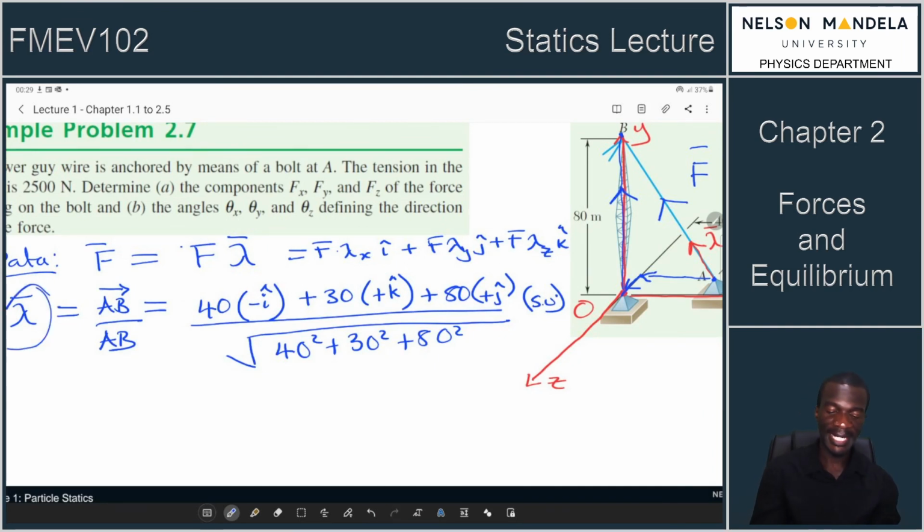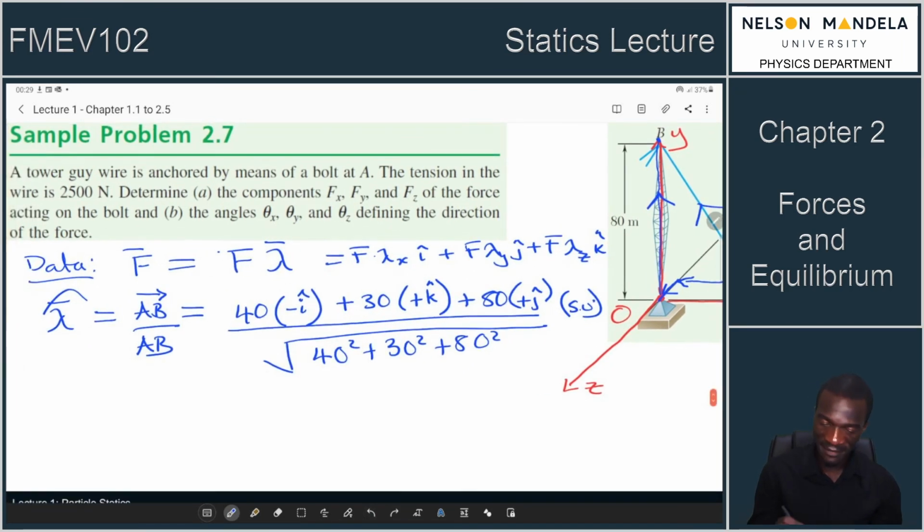The directional vector. So when we have the answer to this, we'll just get something in the x plus something in the y, right? Plus something in the j. So that's our lambda z in the k. So this is what we will get.